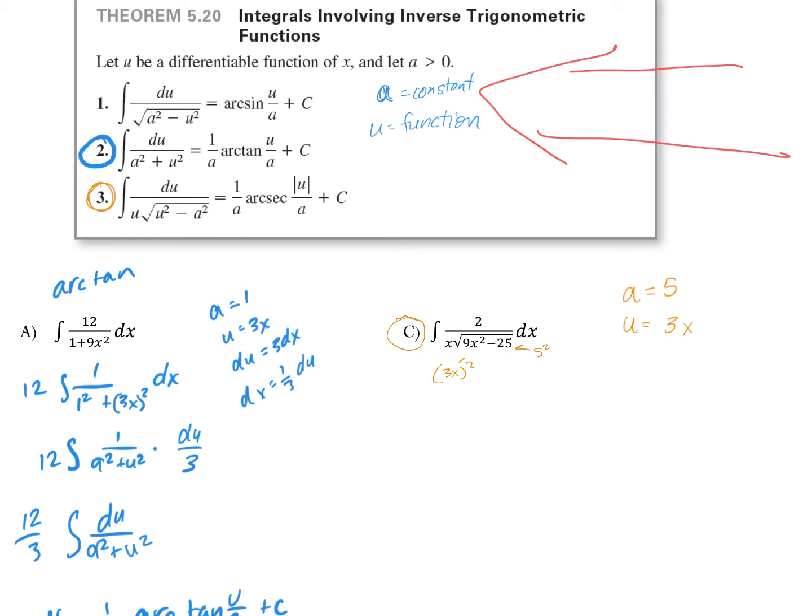Okay. How are we on the A and the U part so far? They are essentially the constant that's being squared and the function that is being squared. Okay? All right. So, right now, I can take that square root sign and write that as u squared minus a squared.